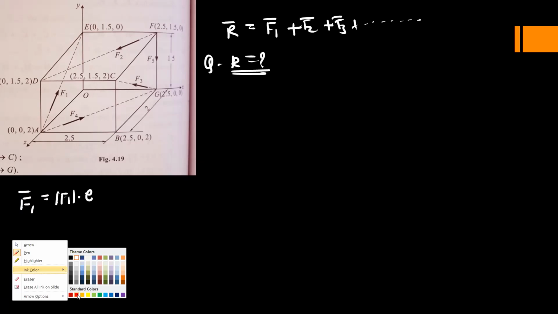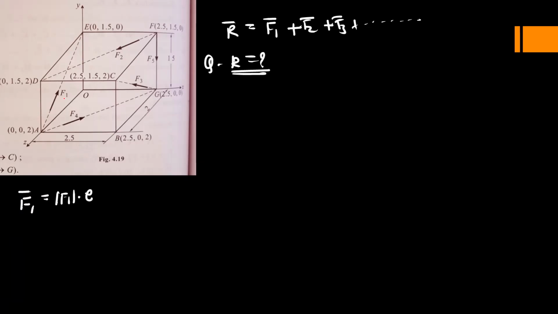So I will write F1 bar is equal to mod F1 into unit vector in the direction of F1. So observe the F1 in the given diagram. So this is the F1. Okay. So F1 force is directed from the point A to the point E. So its unit vector will be unit vector AE. So this will give the direction of that force.